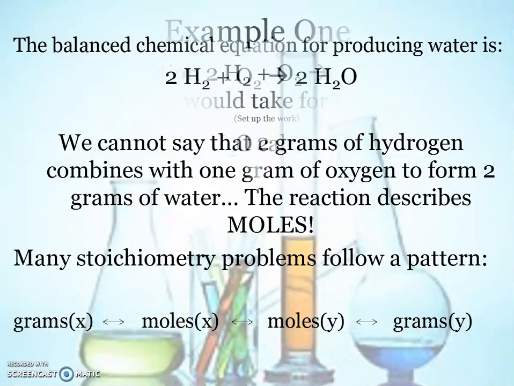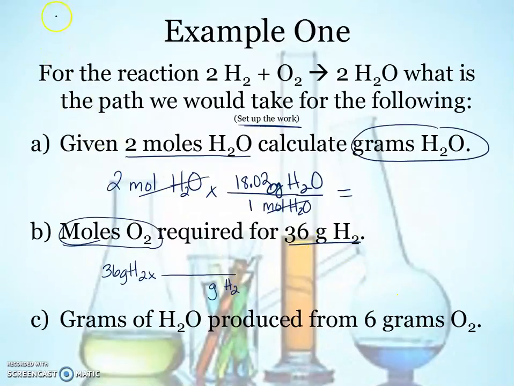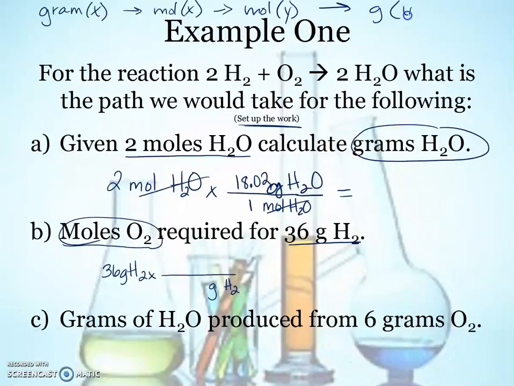If you're still wondering what she is doing, we have grams of X to moles of X to moles of Y to grams of Y. We're at grams of hydrogen, and we've got to go to moles of oxygen.